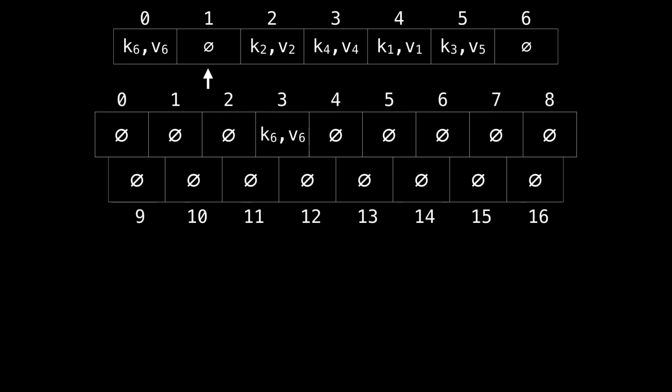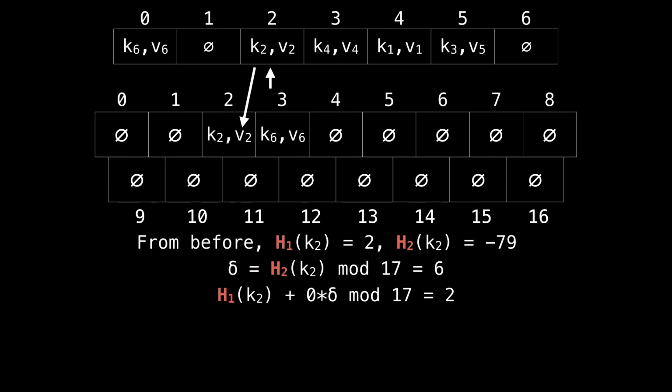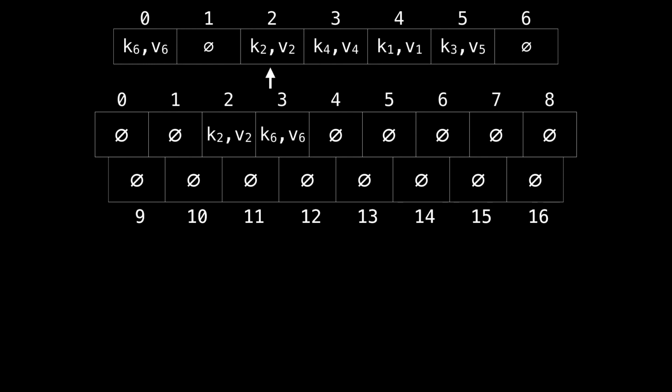Next up, nothing in position 1. In position 2 we have k2, so the hash value for k2 is 2 and the secondary hash value for k2 is negative 79 from before. So compute delta to be 6. So we're going to insert that at position 2 with no collision.